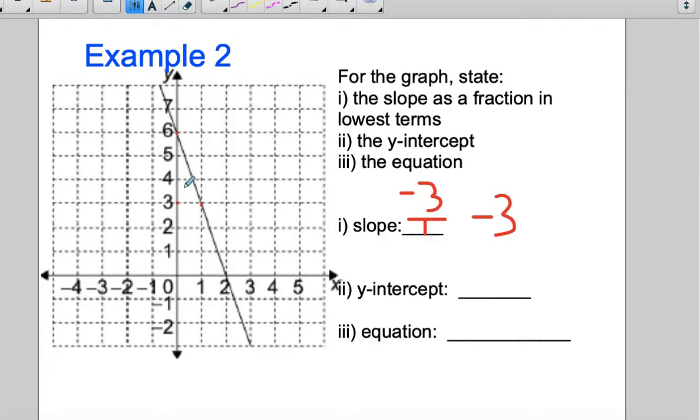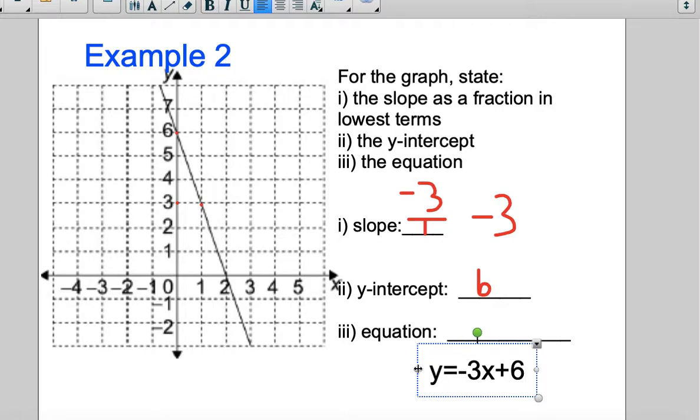The y-intercept is the point where the line crosses the y-axis. So that's at +6. So the equation of our line here would be y equals -3x plus 6. So the equation of this line is -3x plus 6.